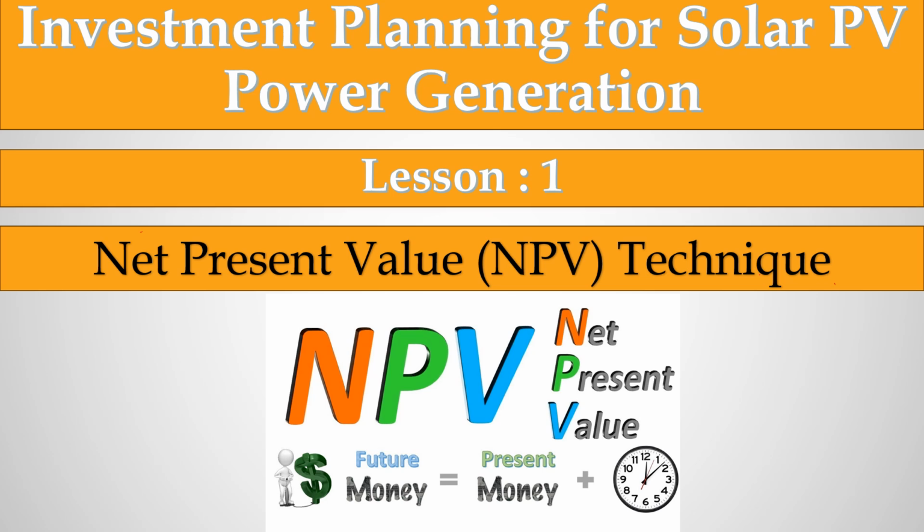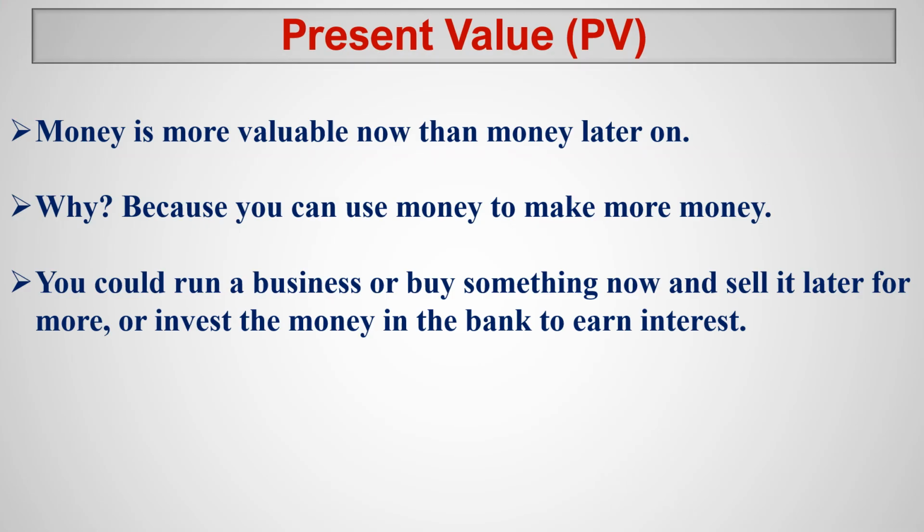Whenever we are dealing with different timelines, we need to discuss net present value. It is a technique always used when money is flowing across a timeline. We call it the cash flow.